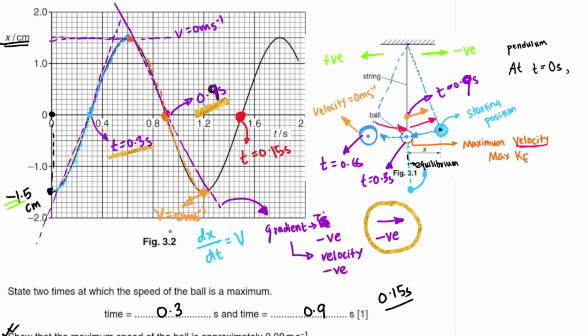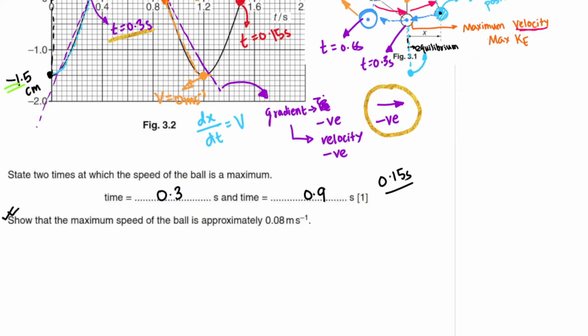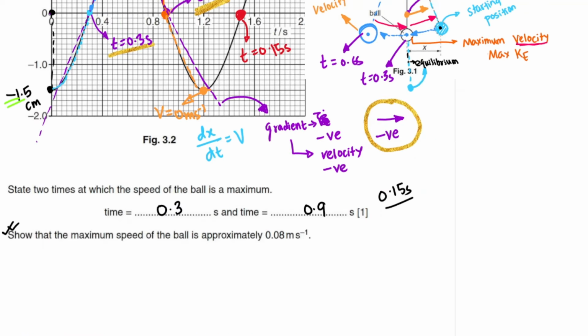However, I would not recommend using the gradient, even though we know that the displacement-time graph's gradient is its speed, because it is very difficult to draw the exact gradient of the graph and get the value that they're asking for. So there's another method, method 2, where we use the formula of periodic motion.